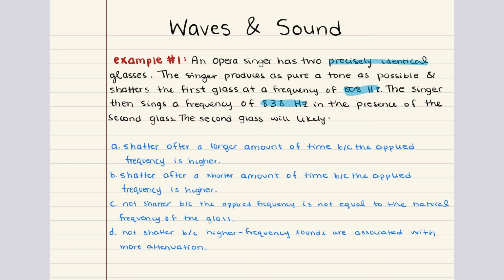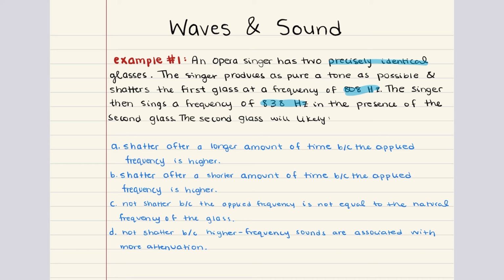As a result, the amplitude of the vibrations in the second glass will remain too low to cause any structural damage or any shattering. And this leads us to conclude that the second glass will not shatter because the applied frequency, 838 hertz, doesn't match its natural frequency of 808 hertz.